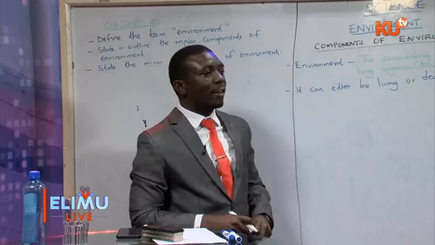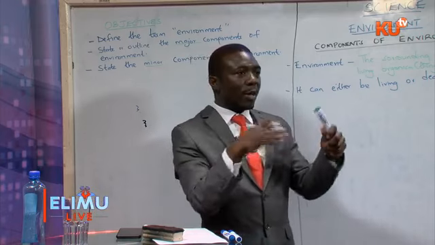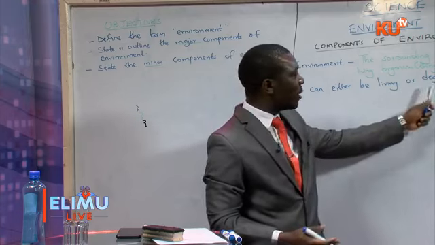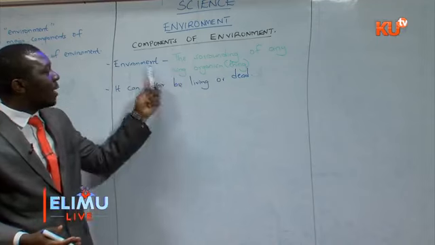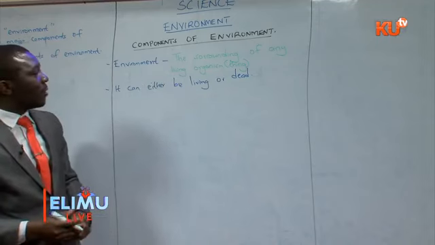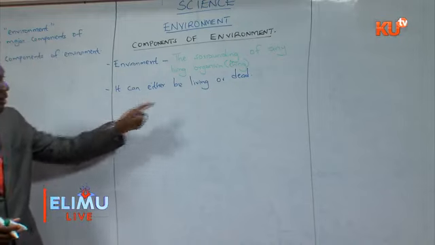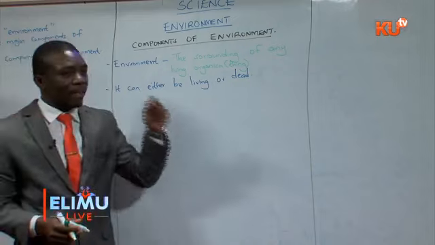If it is a spider, anything that surrounds it, maybe it lives in a web, and that web is inside the house. That house is a non-living thing. That's why we call it the surrounding of that living thing. So environment is the surrounding of any living organism. Mark this one: it can be either a living thing or a dead thing.